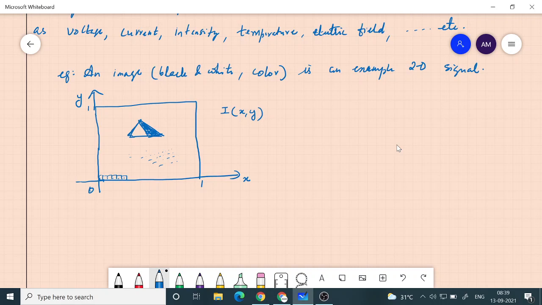Now what's the difference between a black and white and color signal or color image? In the case of a color image, so this is for black and white.